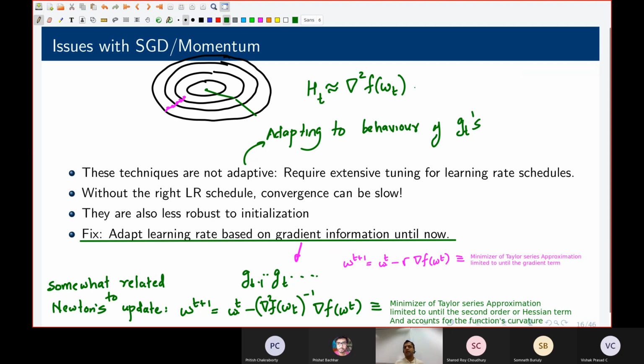But we may not actually use the Hessian to compute it. We look at the interactions between the g_t's.